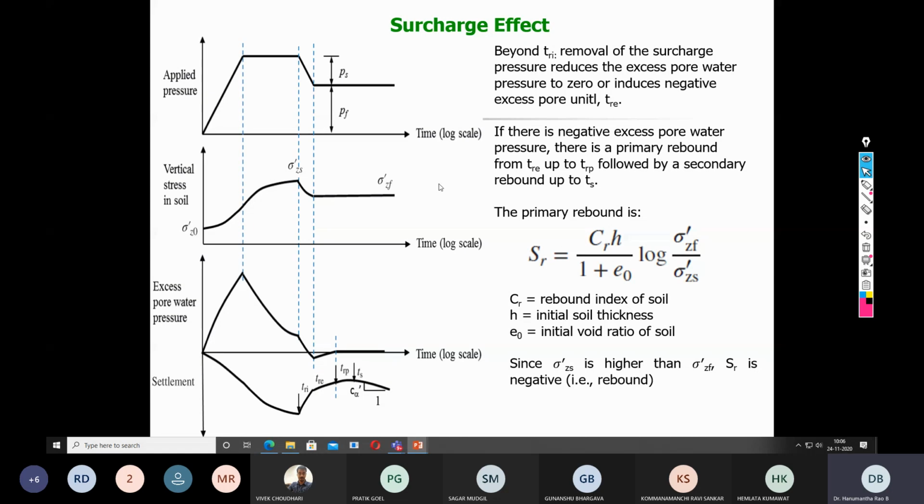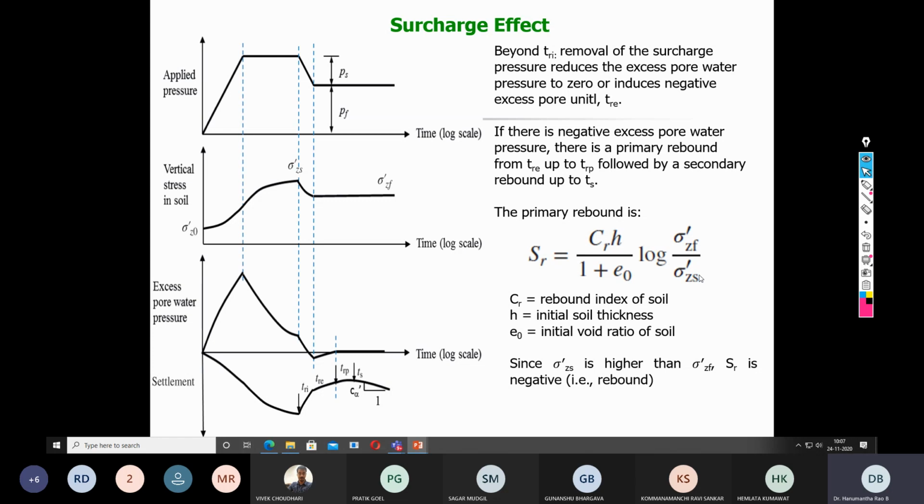Then, accounting for the surcharge effect, how do you calculate the primary rebound settlement? You can use this equation: SR equals CR into H by 1 plus e naught. You can compare this equation with the primary consolidation settlement equation, that is Sc equals Cc into H by 1 plus e naught into log of sigma naught plus delta sigma by sigma naught.